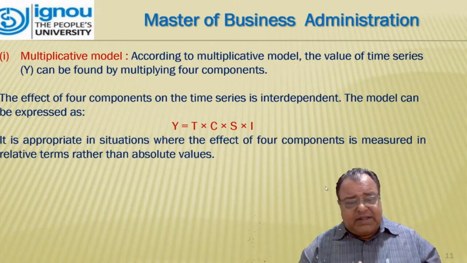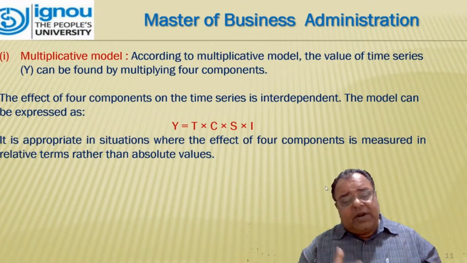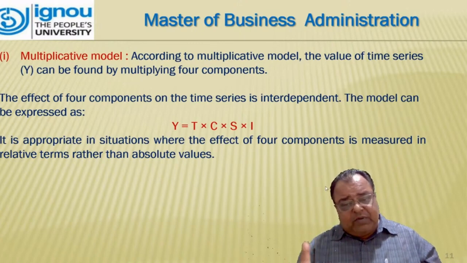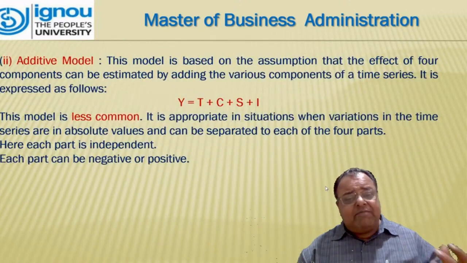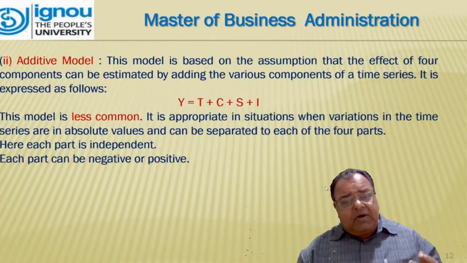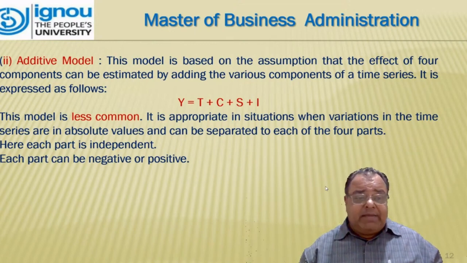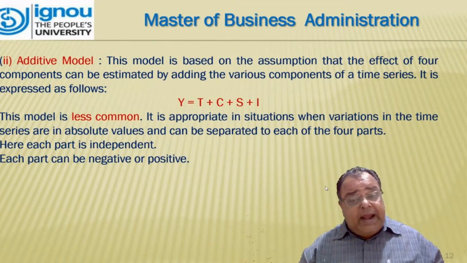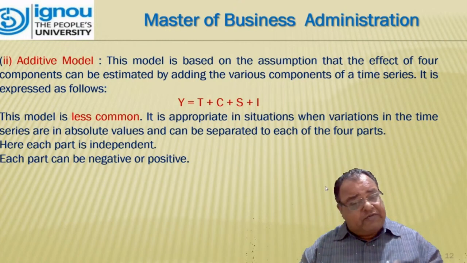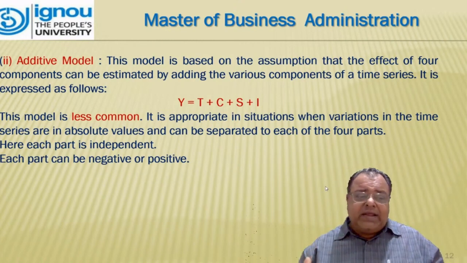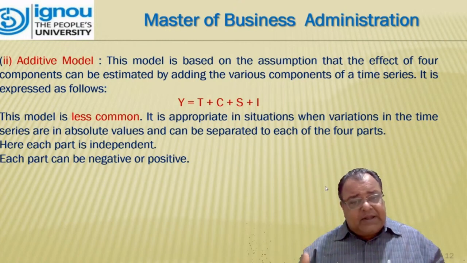So straight away we can say that y is equal to T times C times S times I. And in case of the additive model, this model is based on the assumption that the effect of the four components can be estimated by adding the various components of the time series. That means y is equal to T plus C plus S plus I.